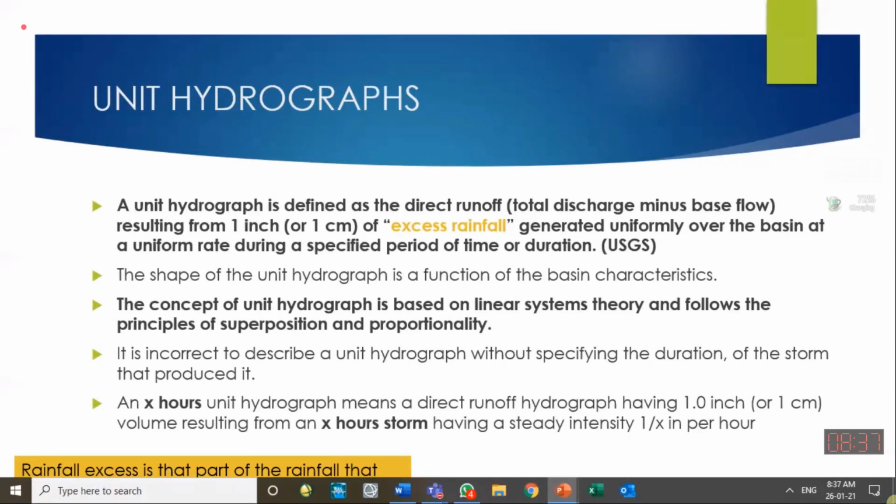SCS curve number, if you have to select it for a watershed, what information will you need? What do you think?